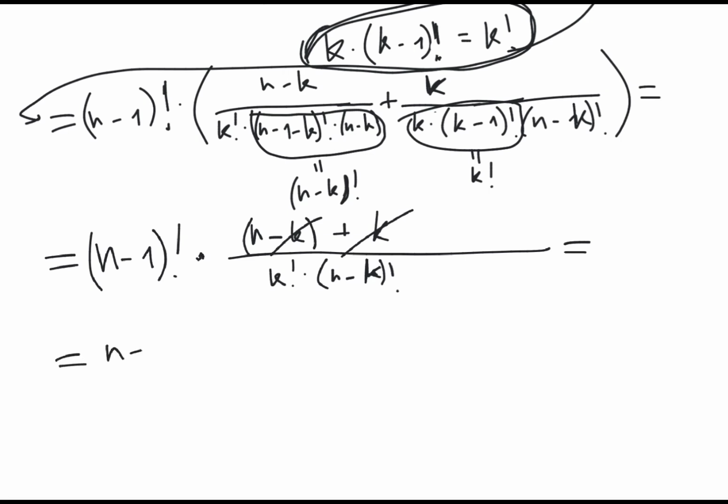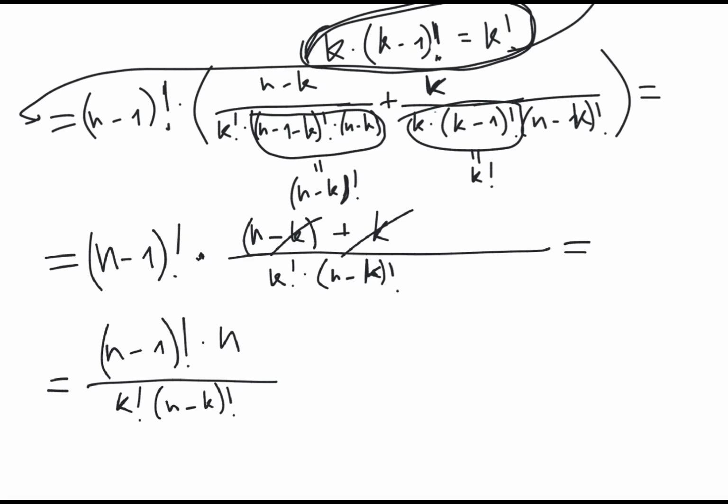So what we have is n minus 1 factorial multiplied by n, and in the denominator we have k factorial (n minus k) factorial, right?